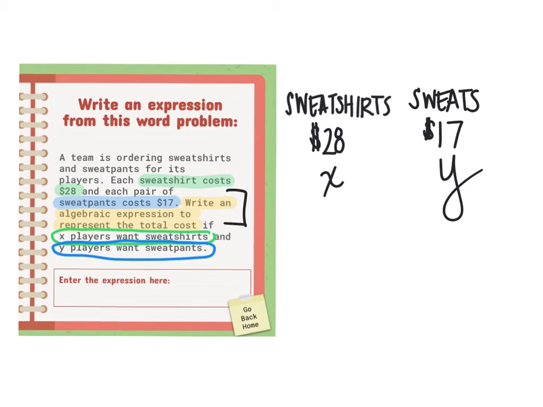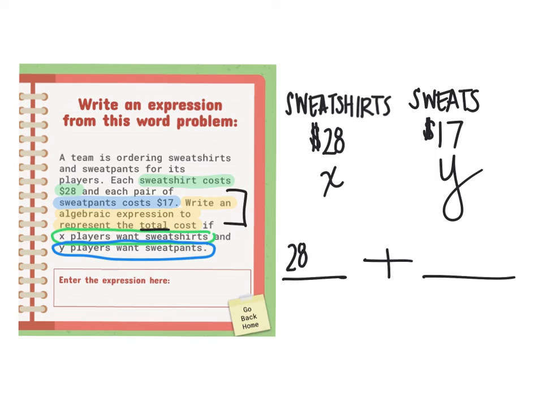Well, it says total cost, so right away I know I can put a plus sign in the middle. The next thing I know is that I need to talk about sweatshirts and sweatpants. I know the sweatshirts cost $28, and literally we're just putting this stuff together. I know sweatpants cost however much, and you can deal with that in a minute.